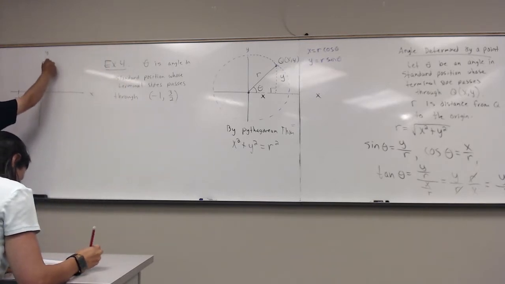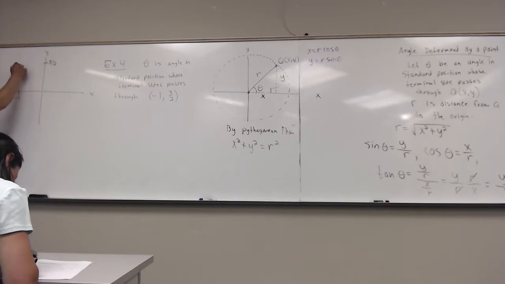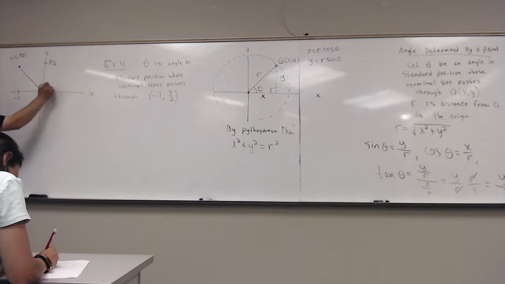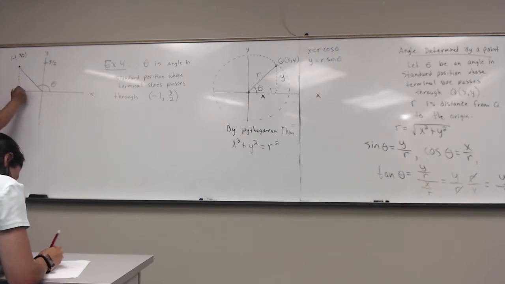So we'll say that's 3/2 right here, and there's our point -1, 3/2. And then if I draw a line perpendicular to the x-axis from this point, we've now formed a little right angle.